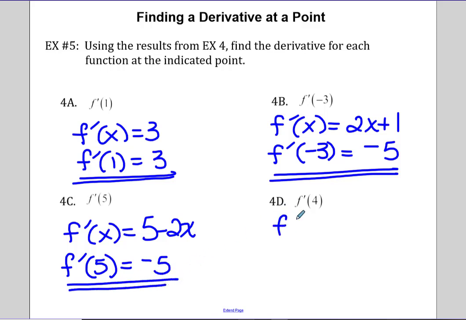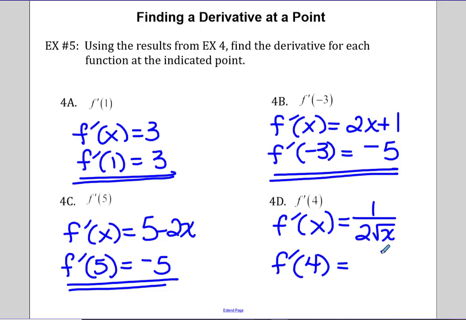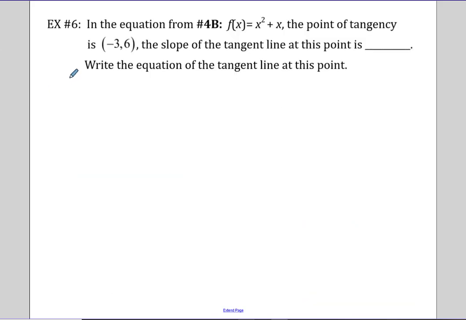And f prime of x for letter D was 1 divided by 2 square roots of x. So the rate of change at x equals 4 is 1 divided by 2 times the square root of 4. So 1/4. And we're finding derivatives. Then 2 more examples to go.